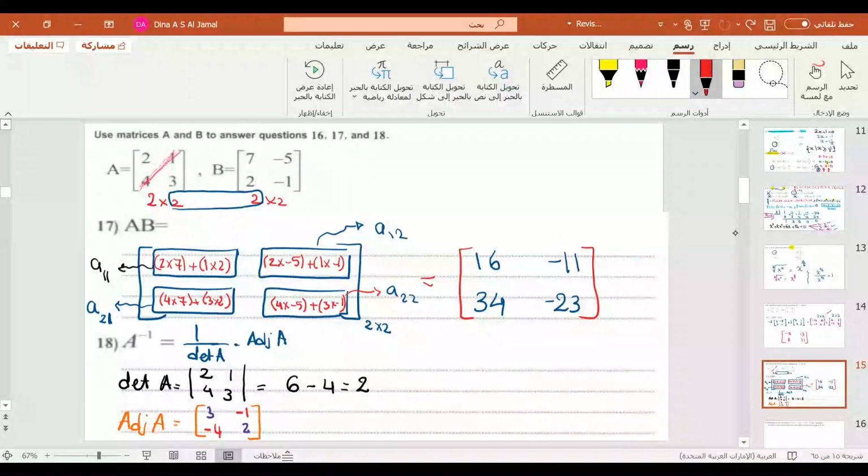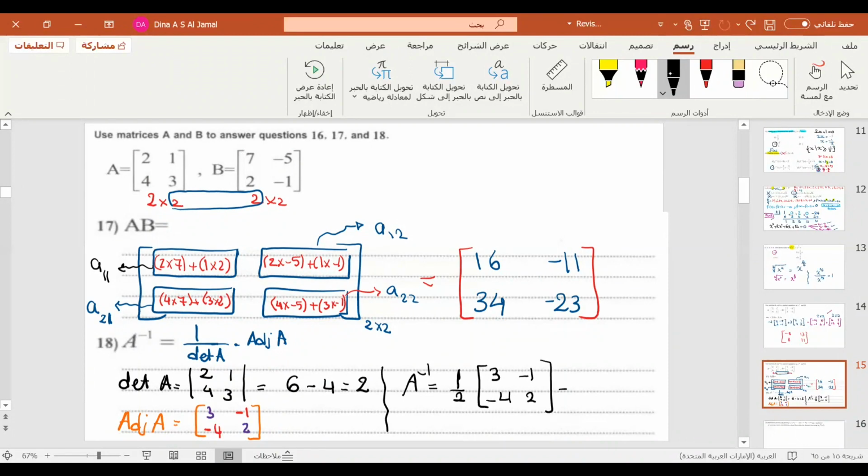Lastly, to find now A inverse, that means you should multiply the adjoint by 1 over the determinant. So 1 over 2 multiplied by your adjoint. 3, minus 1, minus 4 and 2. And now you are having a scalar multiplication.